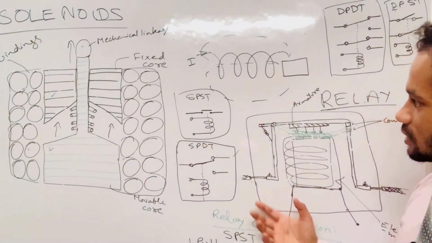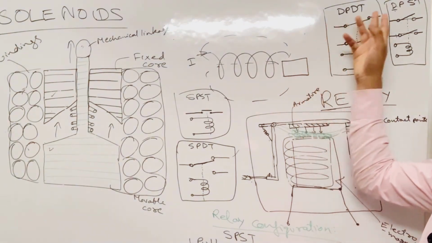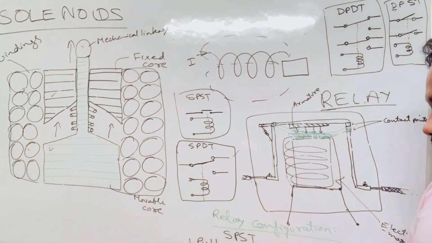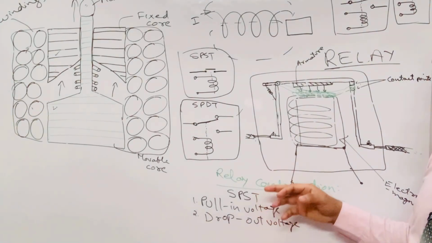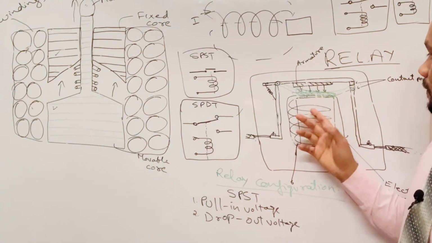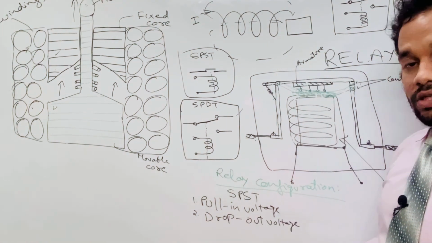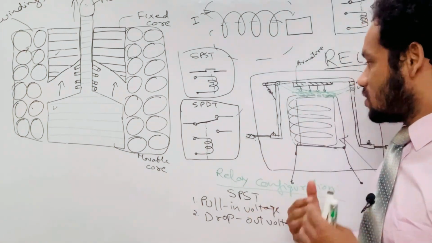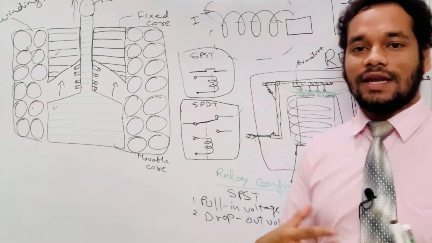After that, we discussed the relay configurations, that is SPST, SPDT, DPDT and DPST. And then we discussed the pull-in and dropout voltage. What is pull-in voltage, friends? Pull-in voltage is that particular voltage at which the armature is attracted. And what is dropout voltage? It is that particular specified point where the contacts or the armature return to their relaxed state.